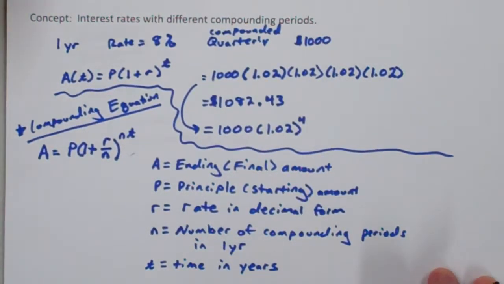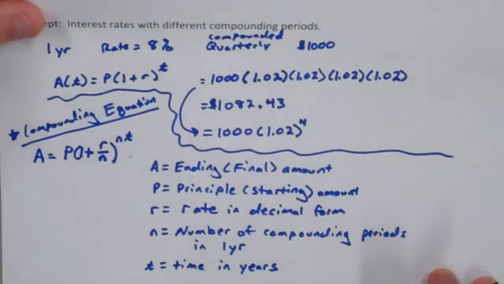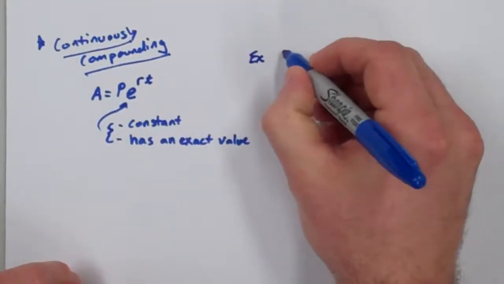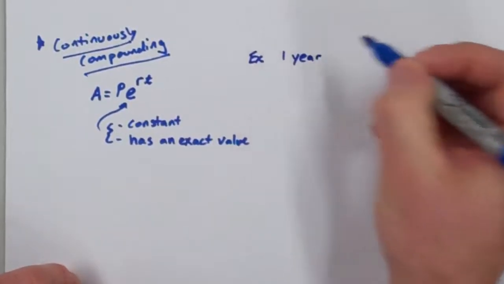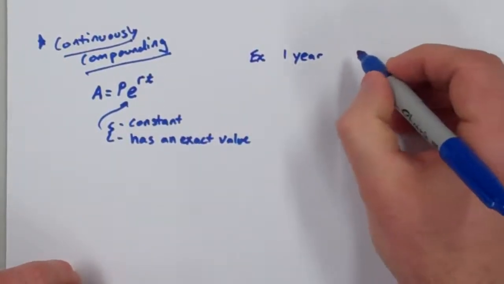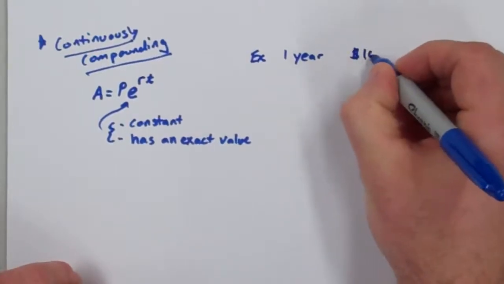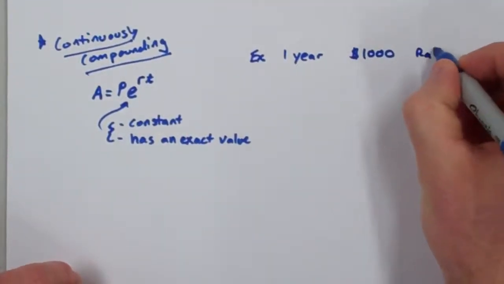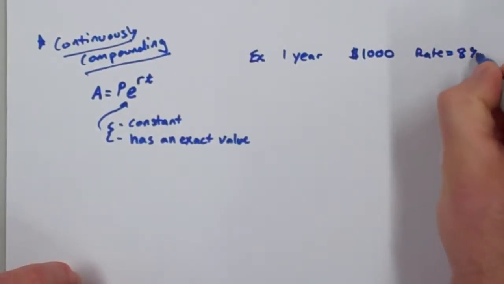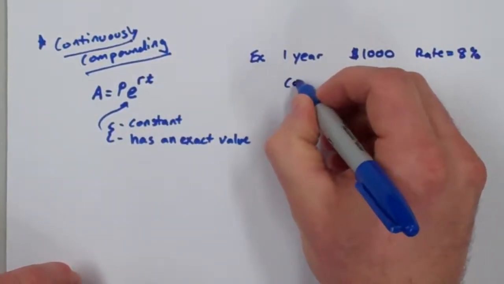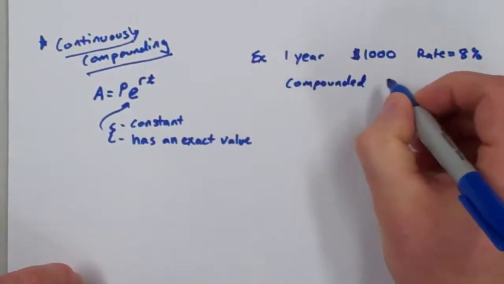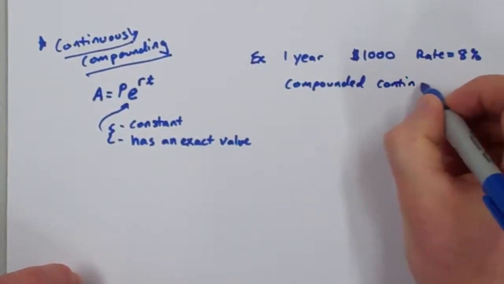So if we did this continuously, let's go ahead and write our example here. For just an example, we've got 1 year, and this could be a loan or savings account or whatever, and it's for $1,000. And the rate was 8%. We're wondering, if we compounded continuously, what would happen with this?